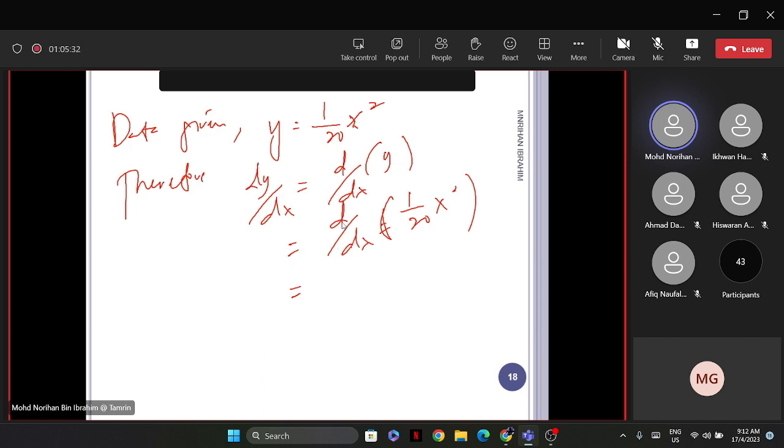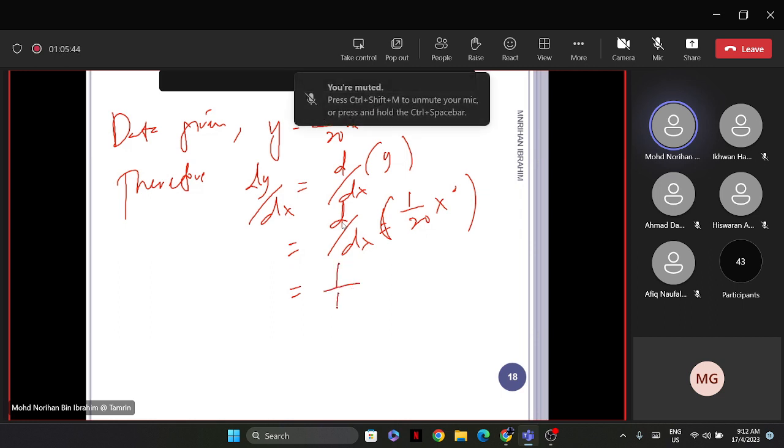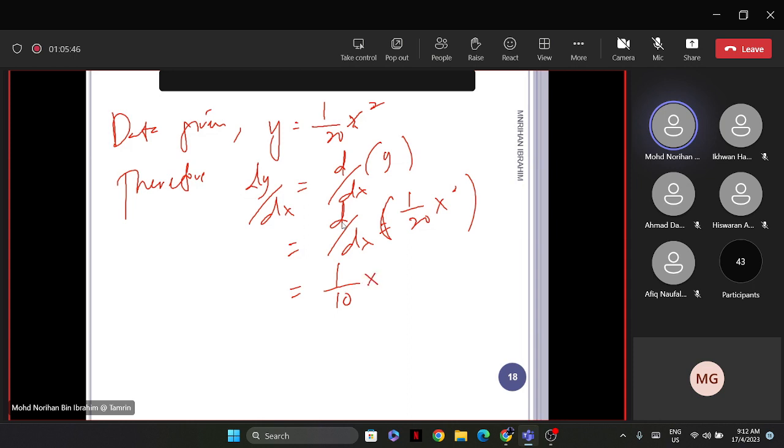If we differentiate this, we get 2 times 1 over 20, which is 1 over 10 x. So dy over dx equals 1 over 10 x.